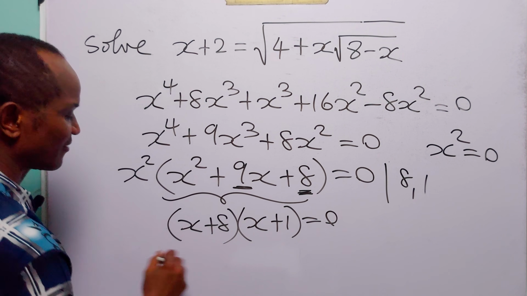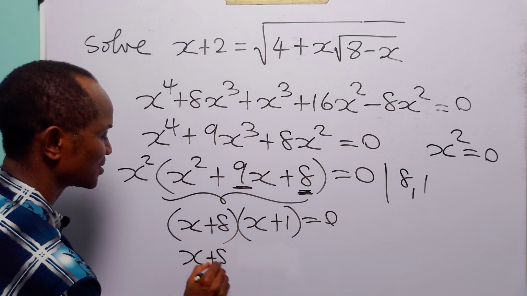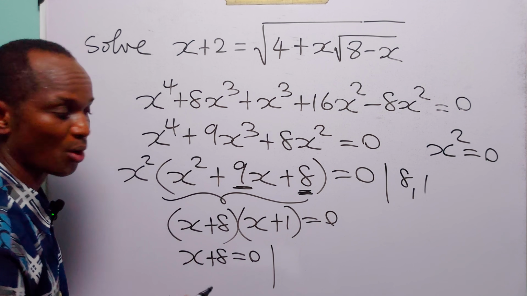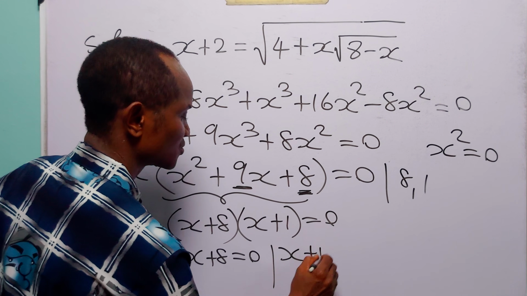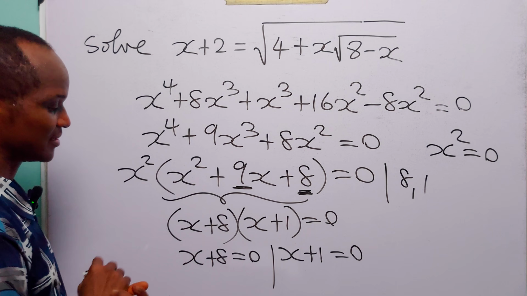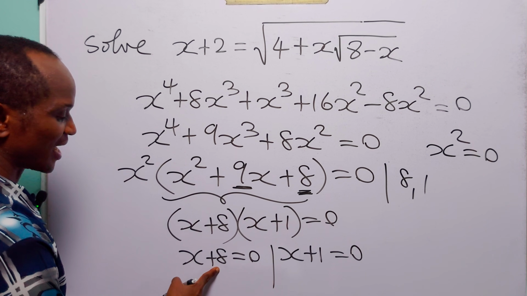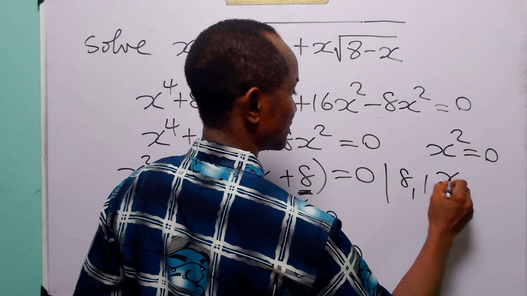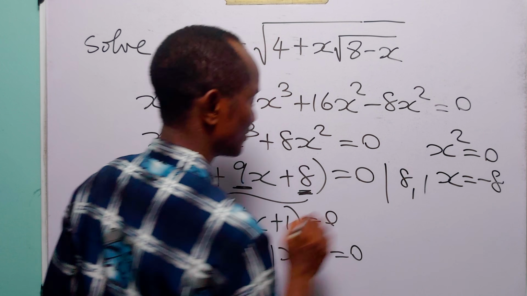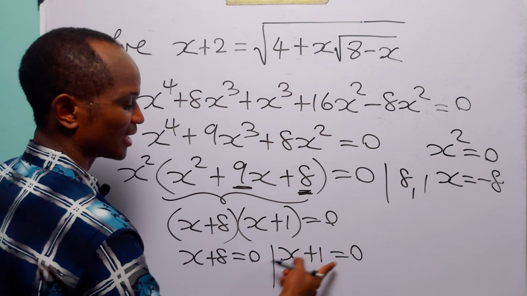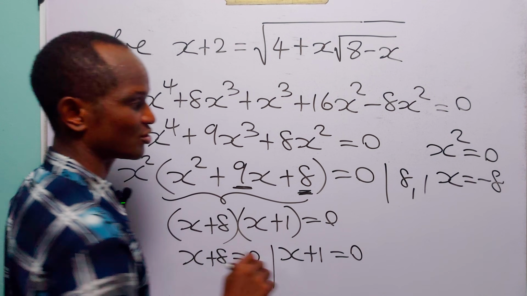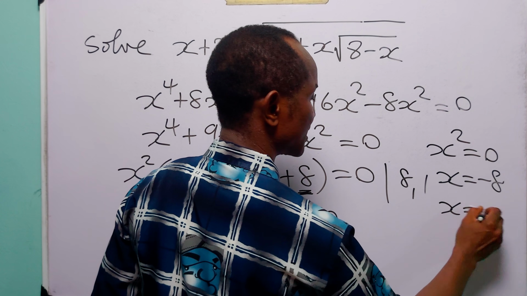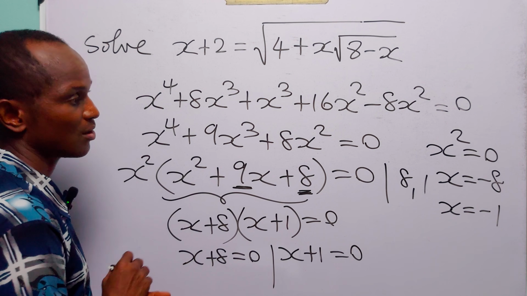And of course, from here we have that either x + 8 is equal to 0 or x + 1 is equal to 0. Now, when we subtract 8 from both sides of this equation, we have that x is equal to −8. And when we subtract 1 from both sides of this equation, we have that x is equal to −1.